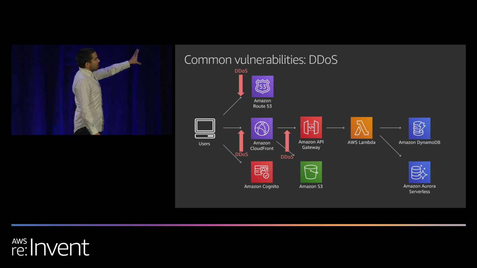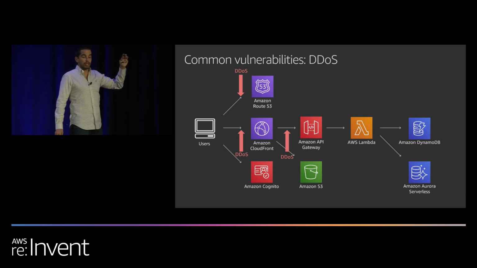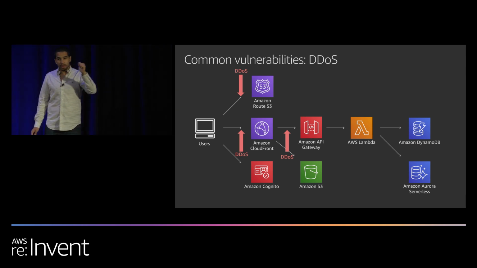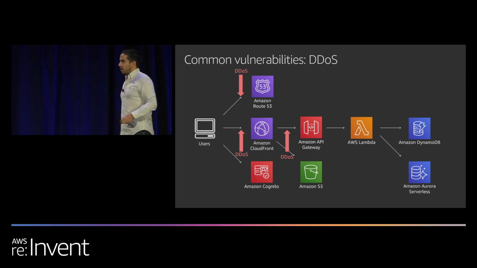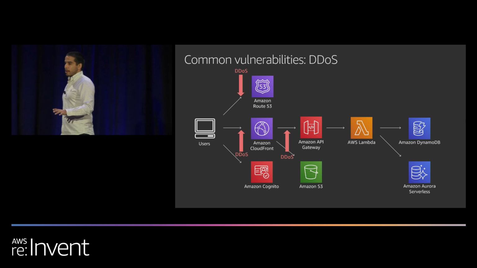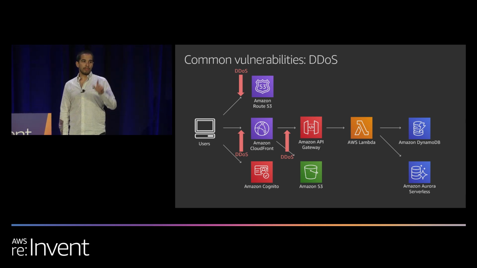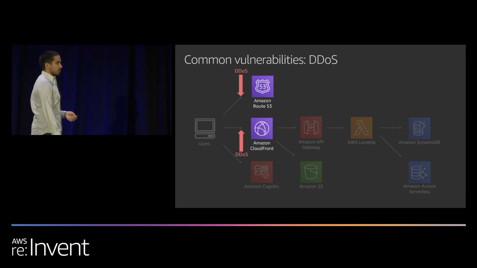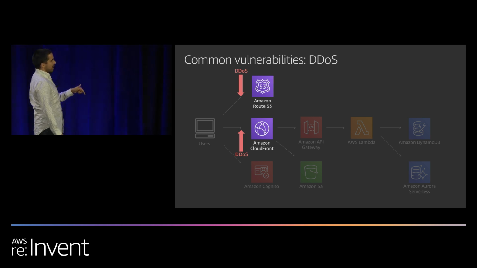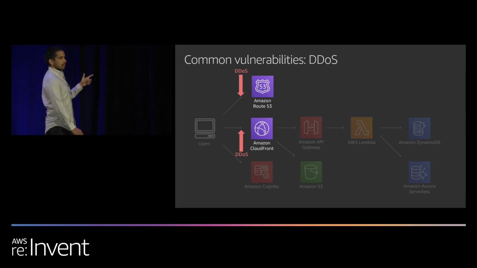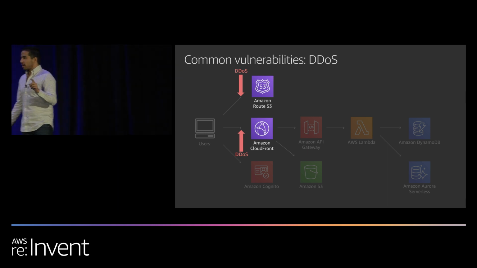Right here, we have 3 attack surfaces for DDoS attacks. Route 53 configurations, CloudFront distributions, and your APIs using Amazon API Gateway. And right off the bat, we can reduce our attack surface by 1, because we don't need to expose the APIs to the public. We can force our users to access our APIs via CloudFront. So 1 out of 3 is gone.